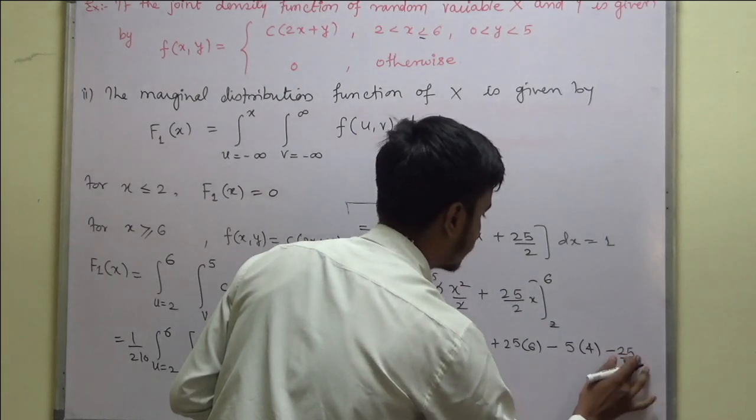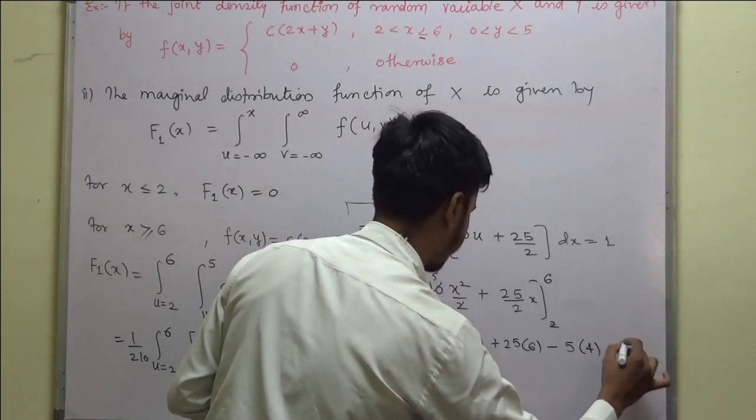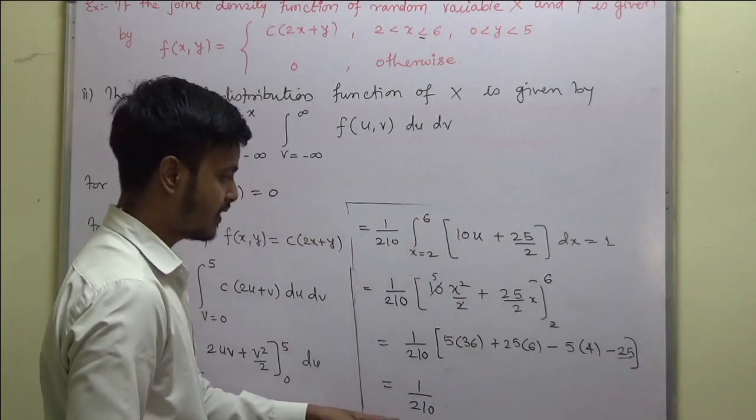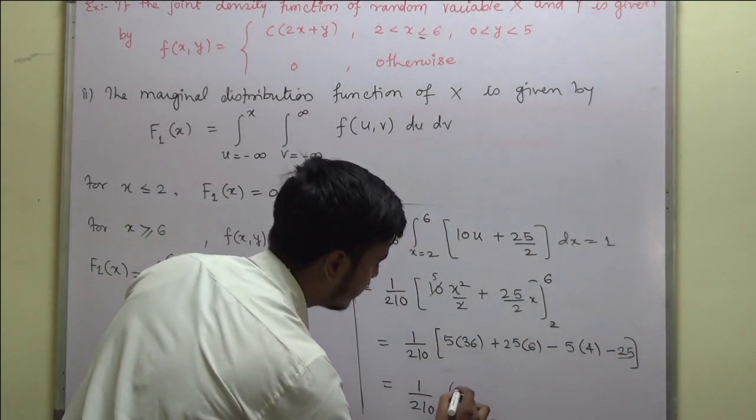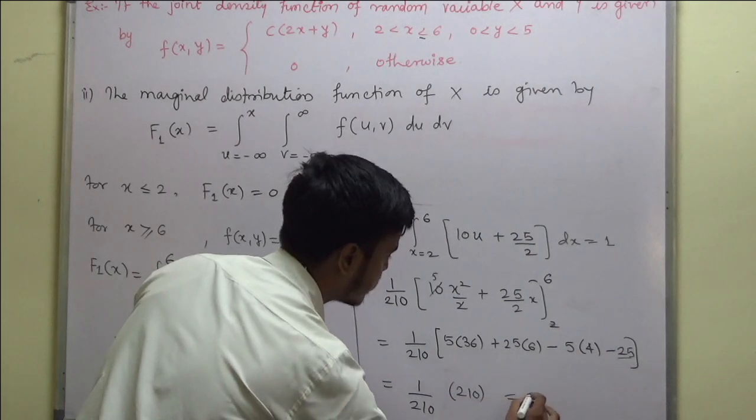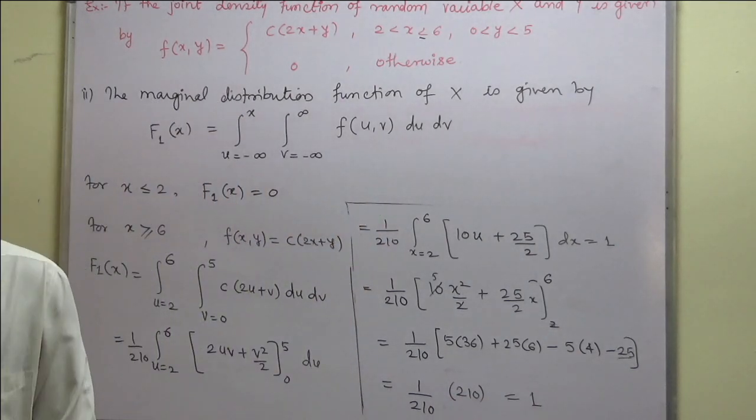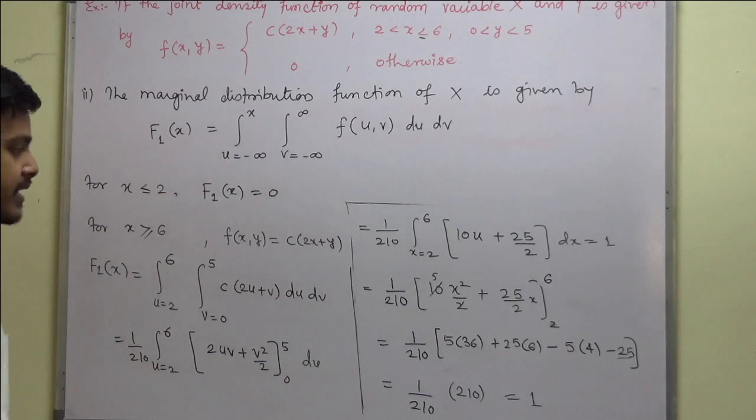So we have 1 upon 210 into 210, which comes out to be 1. So we got this value as 1.